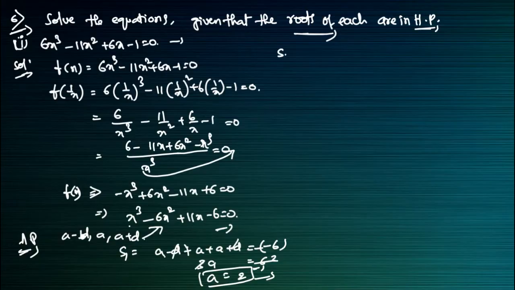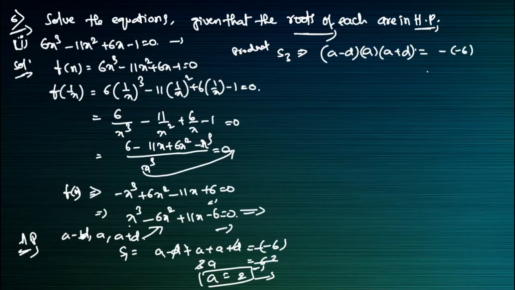Now we'll do s3, the product of the roots for this equation. The product of the roots is a minus d into a into a plus d, which is equal to minus d by a, so minus of minus 6 is equal to plus 6.